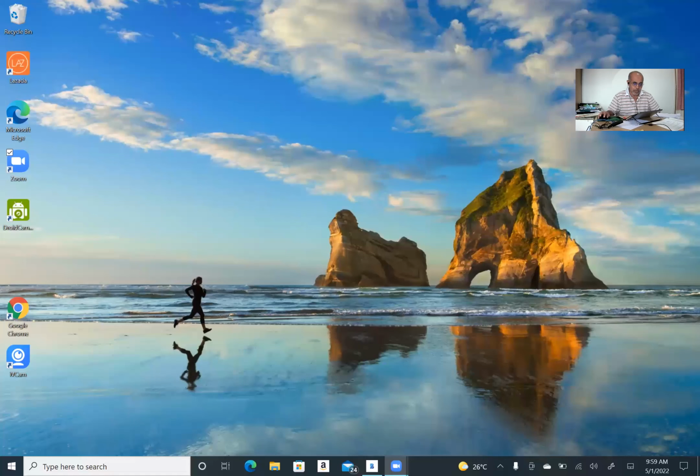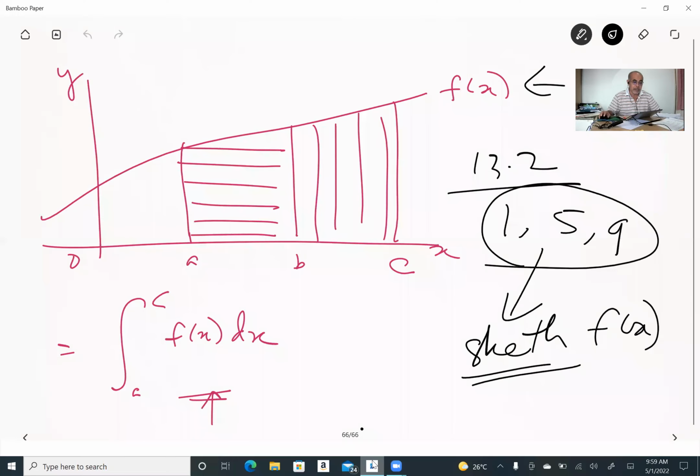We will continue from where we left last class. We did the definite integral. So let's look at where we stopped.